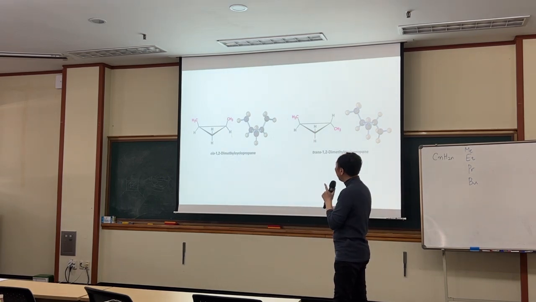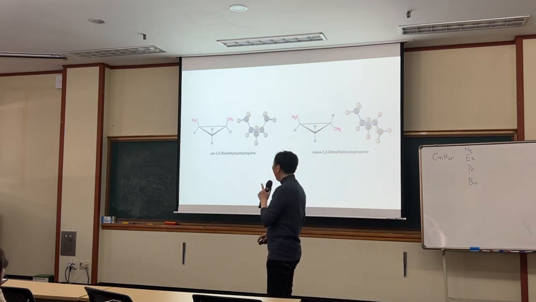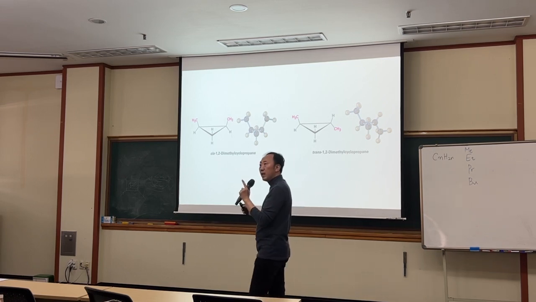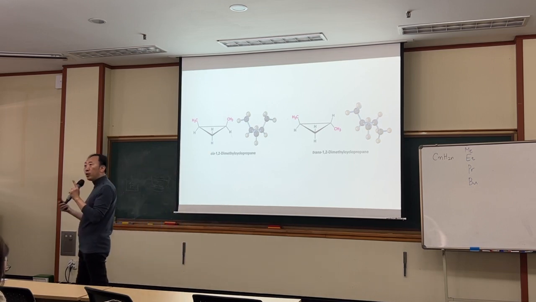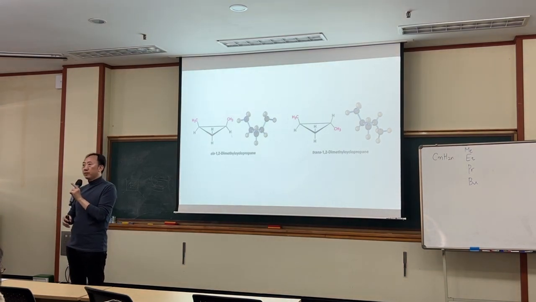In this case, the naming of this is 1,2-dimethylcyclopropane, right? But now we need to define whether this is in the same direction or the opposite direction. Cis or trans, we need to give. So the rule is, if there is any chance to have two different possibilities, then we should designate which one is the case.